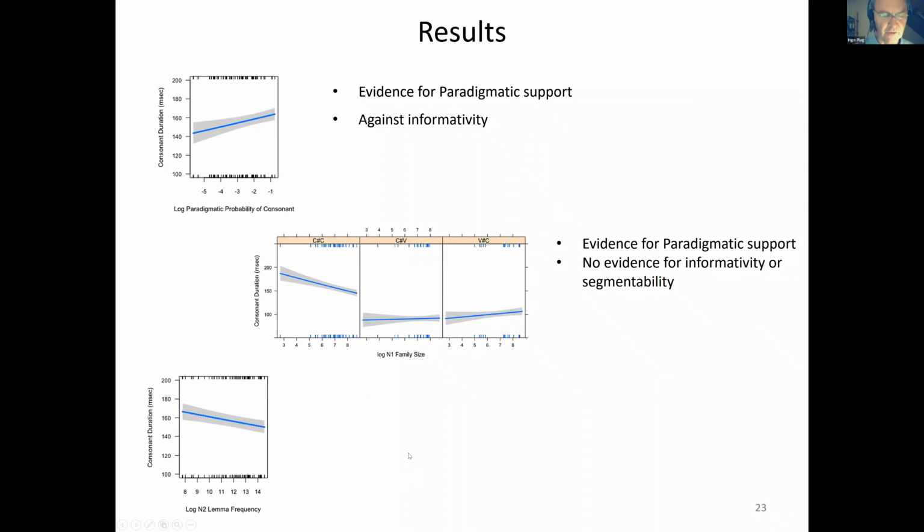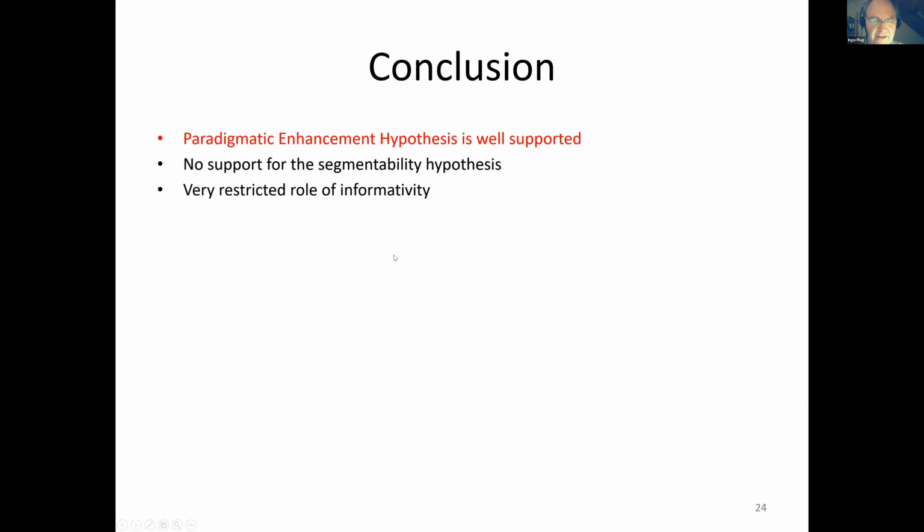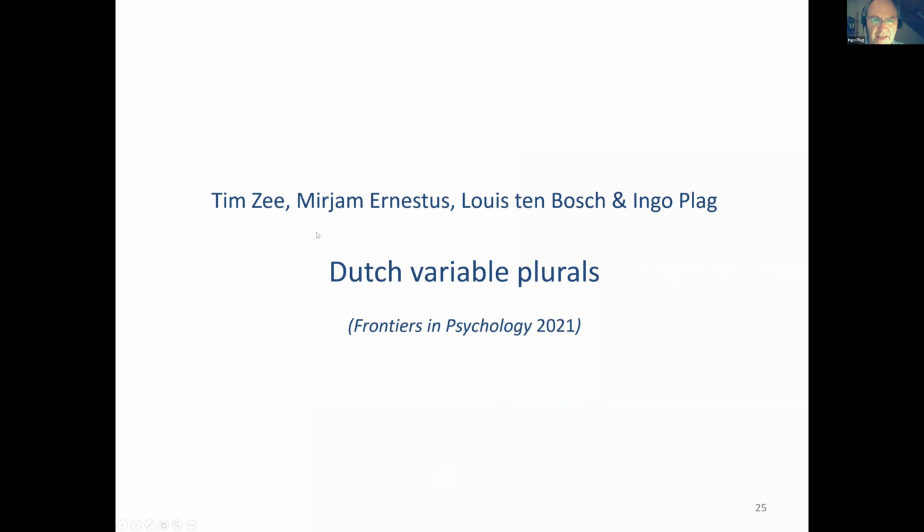And finally, however, we find one measurement, the log n2 lemma frequency, where we have a piece of evidence for an informativity effect, but all the other measures for informativity did not play a role in the consonant duration. So what do we conclude? We find that the paradigmatic enhancement hypothesis is well supported. There's no support for the segmentability hypothesis, and there is obviously a very restricted role of informativity, if at all.